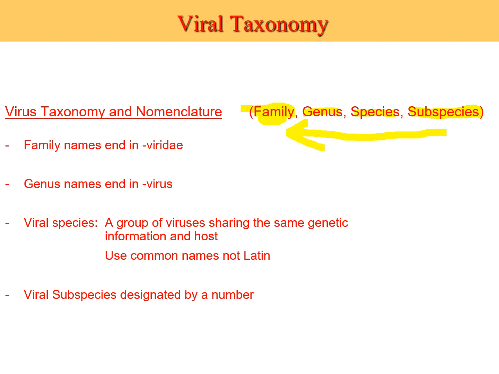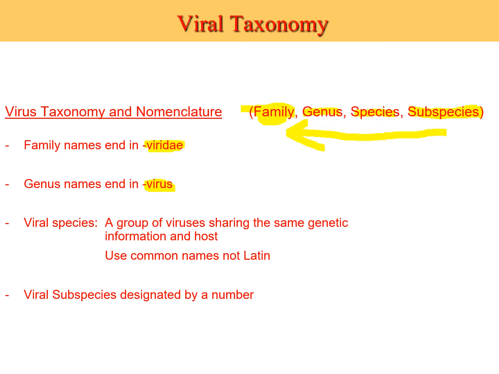Family names for viruses will end in viridae. So it's the name and viridae at the end. Genus names typically will end in virus. So you have influenza virus. Species will have a particular name that's not necessarily Latinized, though it often is.